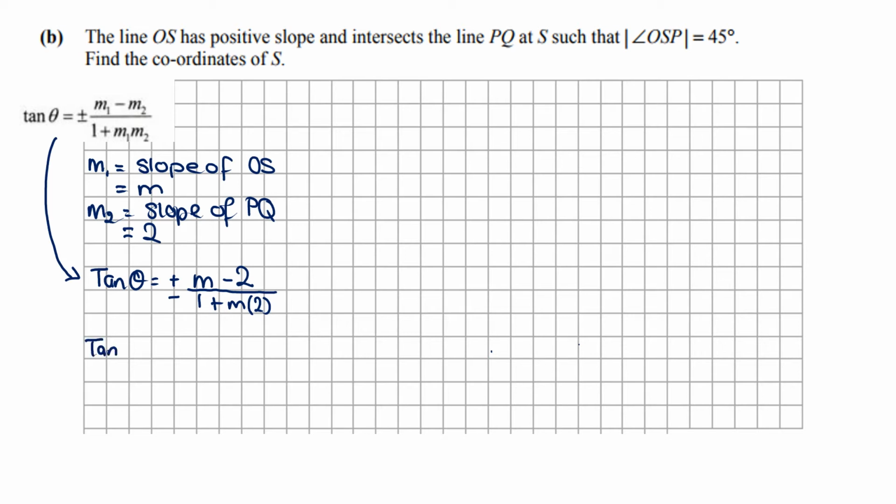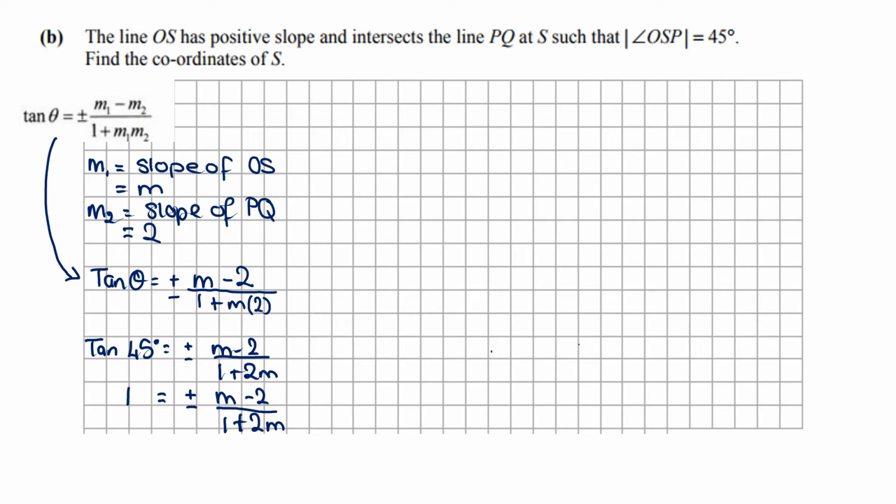So the tan of 45 degrees equals plus or minus M minus 2 over 1 plus 2M. In the log tables or using your calculator, whichever way you want to do it, we can work out that the tan of 45 degrees is 1. So 1 equals plus or minus M minus 2 over 1 plus 2M.